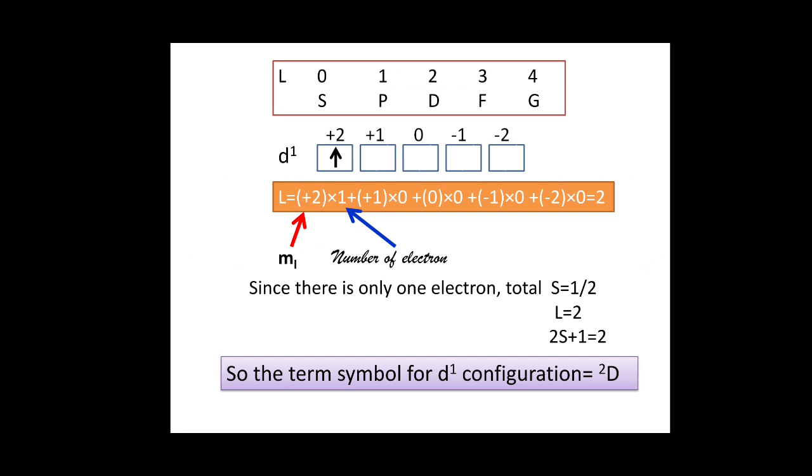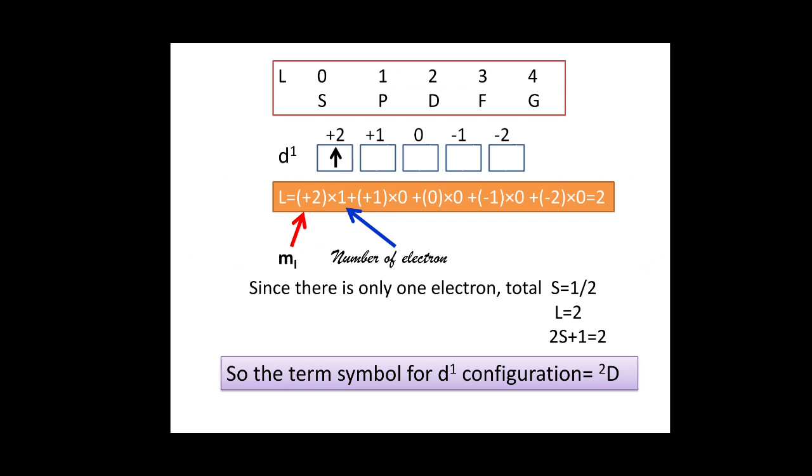Okay, so here I have given a box in the top of the slide. So what does it represent? You can see in the left hand side I have given capital L. The orbital angular momentum can take values 0, 1, 2, 3, 4, 5, 6 like that, and each number can be represented by an alphabet.